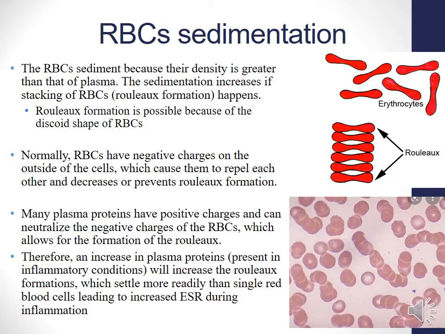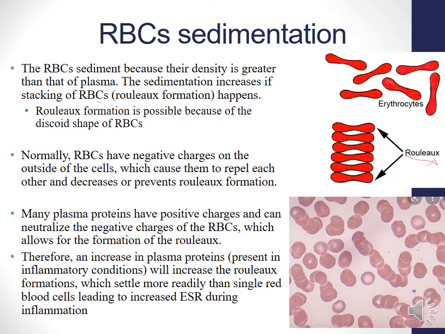Okay, so RBCs sediment because their density is greater than that of the plasma. And the sedimentation will increase if RBCs are stacked on top of each other. Okay, the stacking of RBCs leads to something called rouleaux formation.